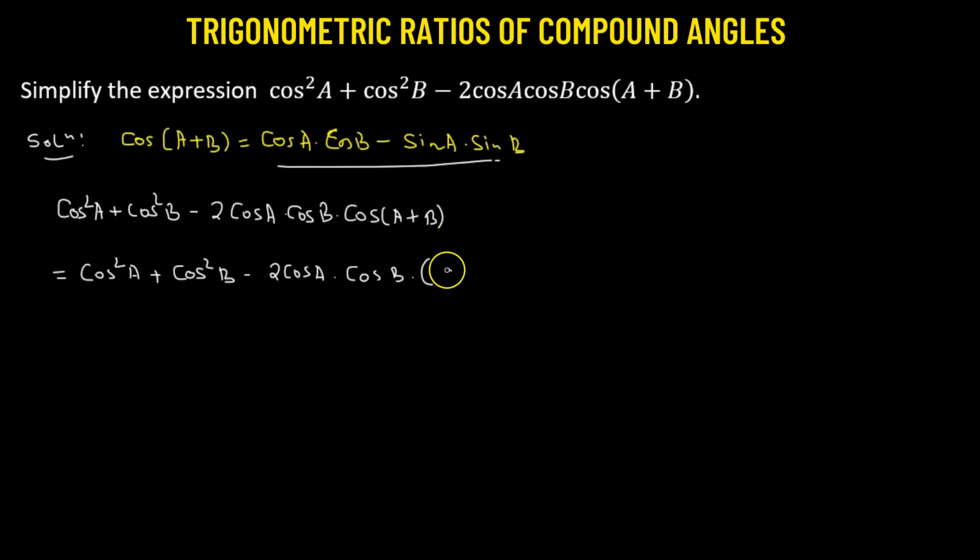So this will get multiplied to cosine of A times cosine of B minus sine of angle A times sine of angle B. Right.